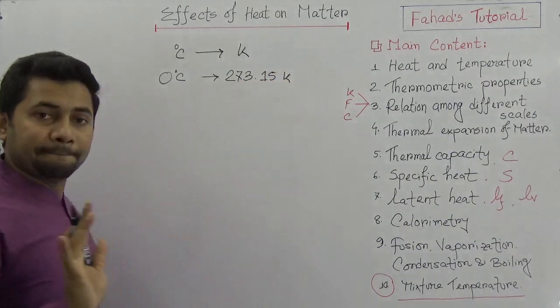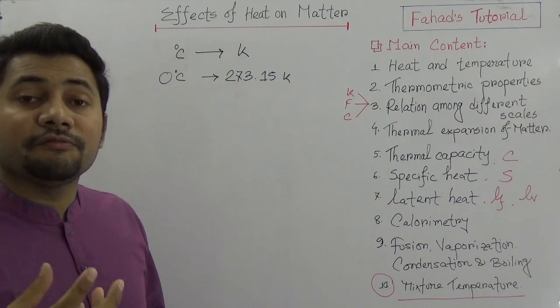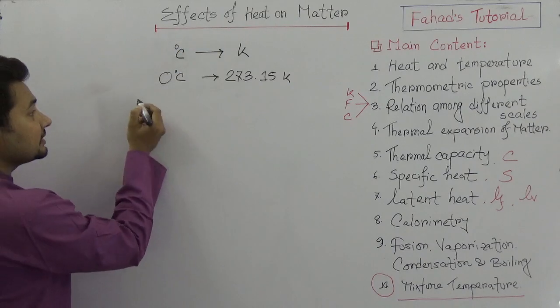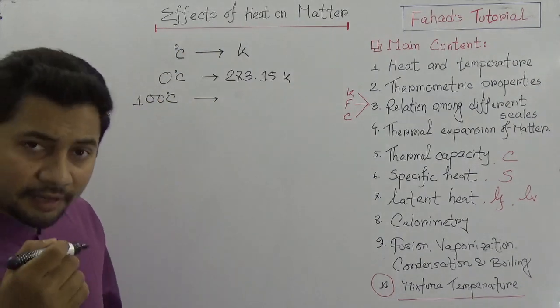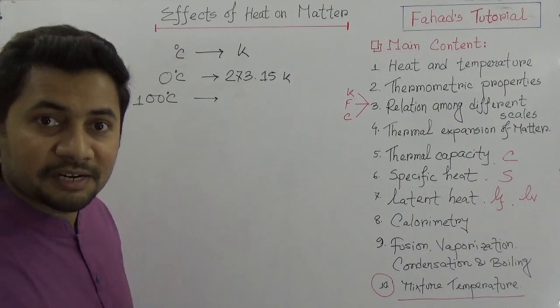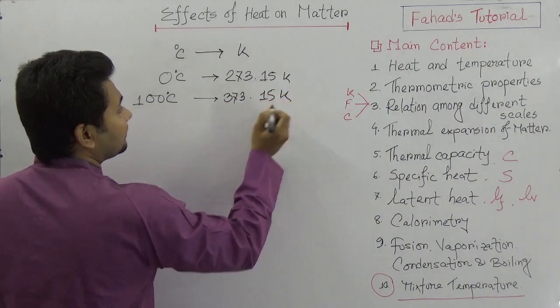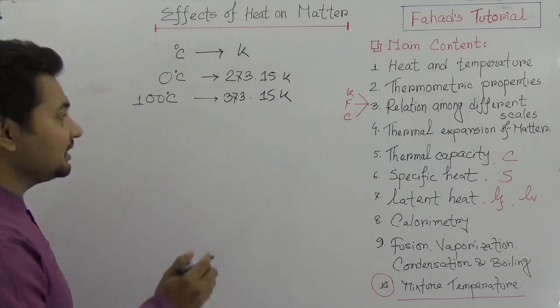it is 273.15 Kelvin. The boiling point of pure water is 100 degrees Celsius, and in Kelvin it is 373.15 Kelvin. Now think about the differences.